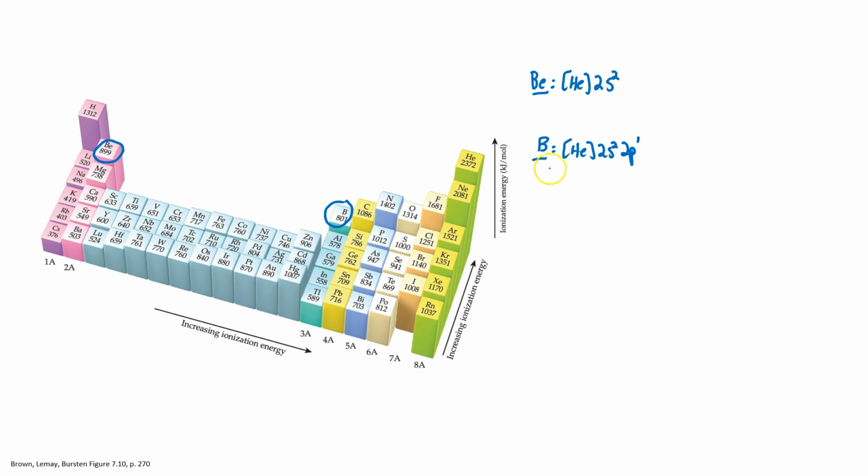And for boron, what electron are we trying to remove? What does your intuition tell you? Is it one of these 2s's, or is it this 2p electron that's higher in energy? It's actually this electron that we're going to remove. And do you see why it's easier to remove this electron?